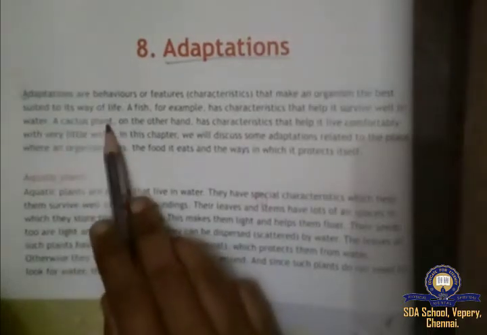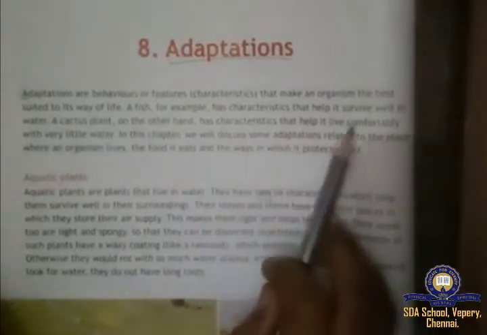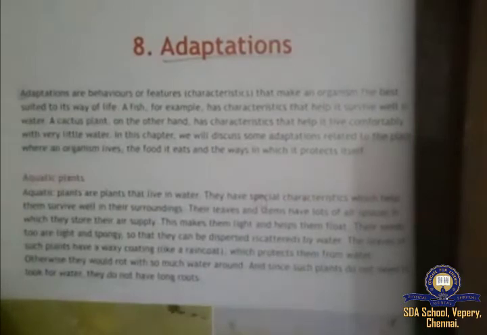A cactus plant, on the other hand, has characteristics that help it live comfortably with very little water. See, a cactus plant does not need more water. With a little amount of water, it will survive. And even a fish has the characteristics that help it survive well in water.